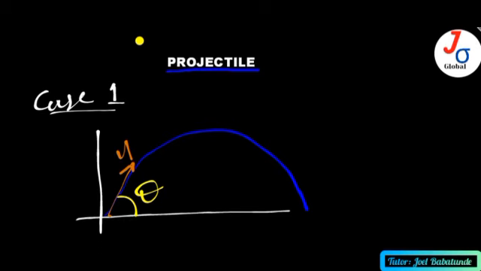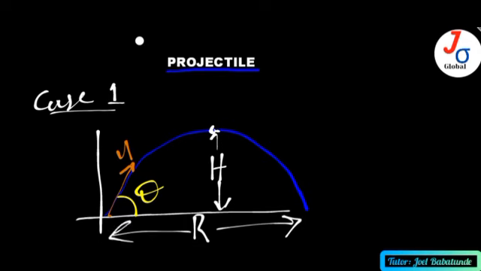Then it has a maximum height that it gets to, which is somewhere around here. So that's the maximum height. Then it also has a horizontal distance, which we call the range. Okay, so these are very important parameters that we need to take note of in this kind of case.